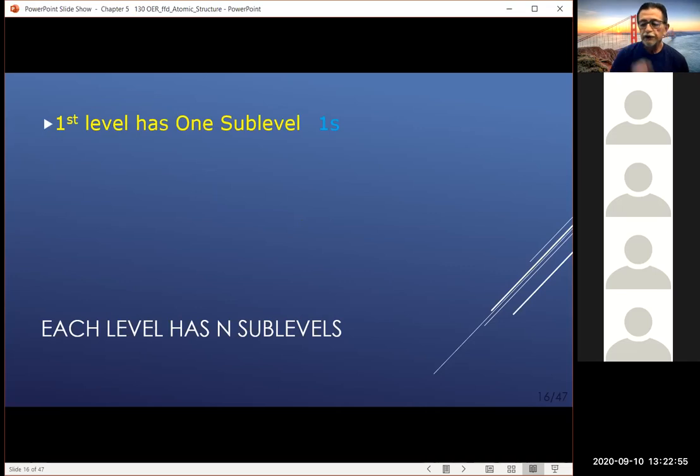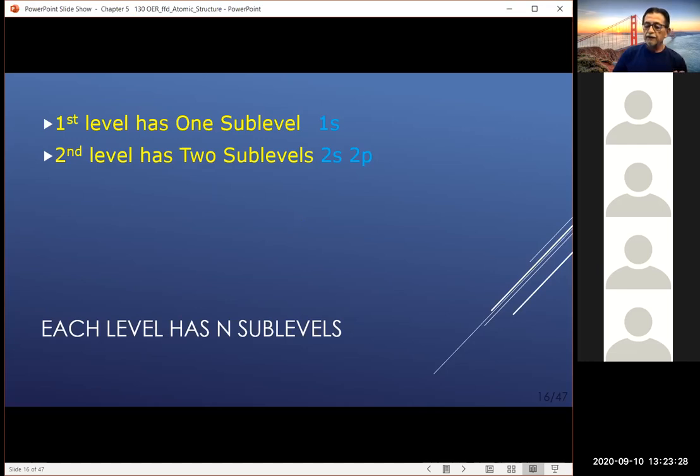All right, so in the first energy level, okay, there's only 1 orbit. We call that the S. And that encompasses the first period on the periodic table, which is hydrogen and helium. Now the S can handle, we'll talk about that in a second, how many each one can handle. The second energy level, which starts off, if you have your periodic table in front of you, with lithium and goes all the way across the periodic table to neon, has 2 orbits.